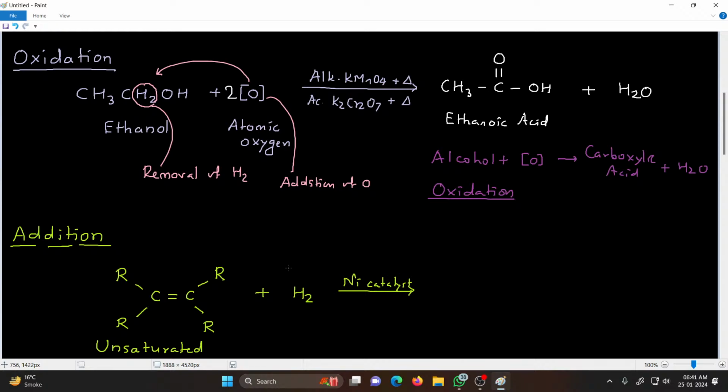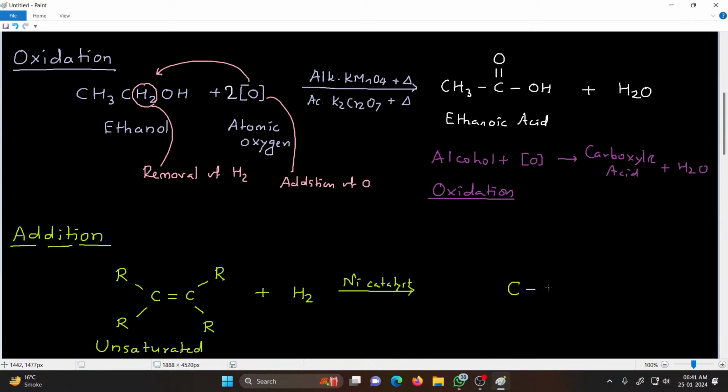So when unsaturated hydrocarbons are reacted with hydrogen in presence of nickel catalyst, what happens? These two hydrogens are attached to these carbon atoms, and this double bond is converted into single bond.